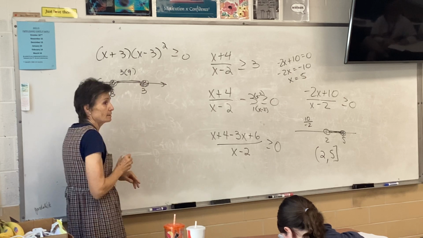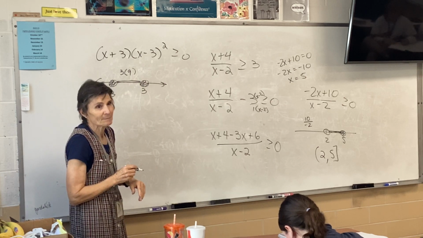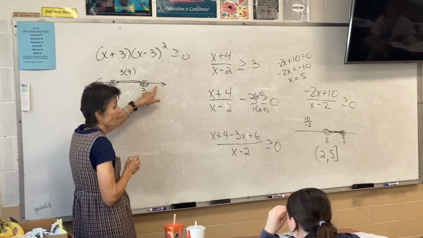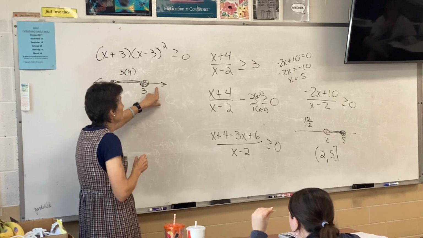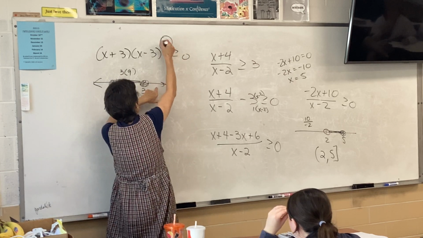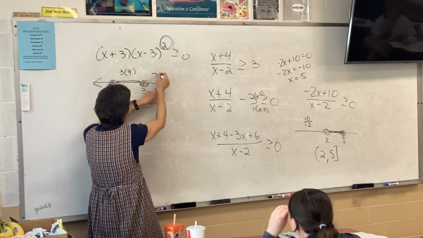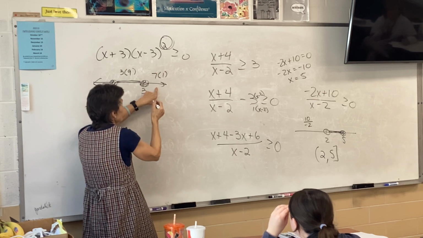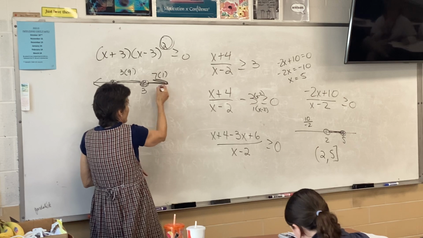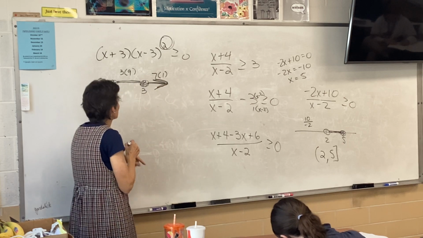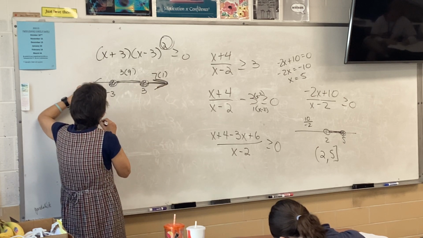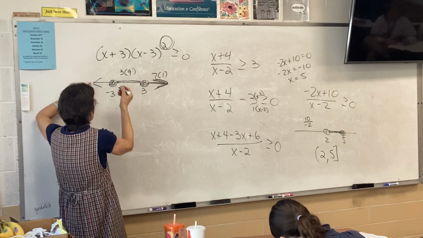That worked. But you still have to check the other two. I'm not done. I have to keep checking. So maybe 4. Because of this right here, this is the deal breaker. So 4 would be 7 times 1. Well, that's also bigger than 0. How about negative 4?